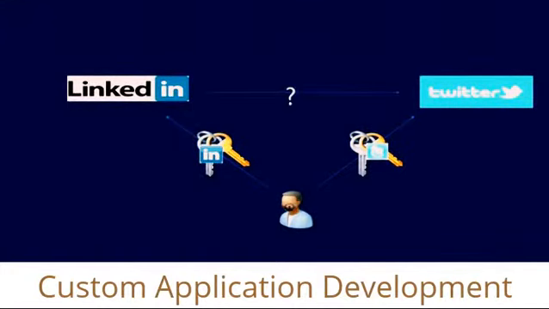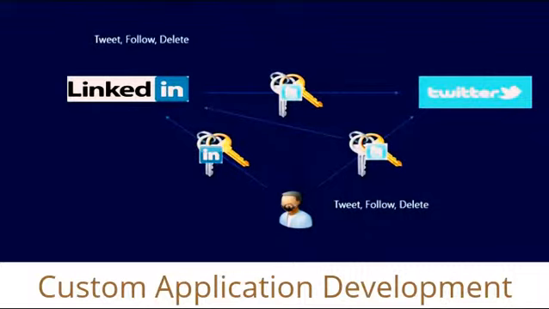Now, let's say I wanted to allow LinkedIn to tweet on my behalf. Clearly, I could give LinkedIn my Twitter username and password, which will work, but it will allow LinkedIn to tweet on my behalf. It will also allow LinkedIn to follow people on my behalf, delete content on my behalf, or even change my password, in which case we have a problem.